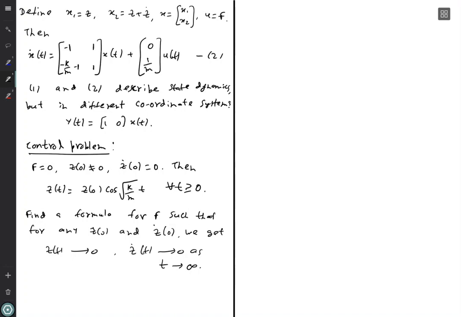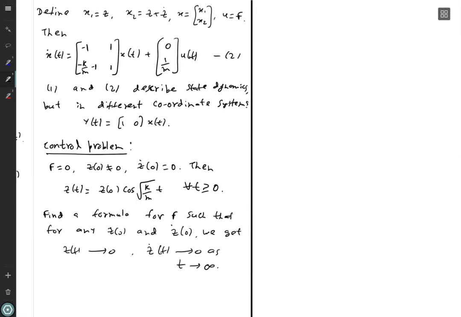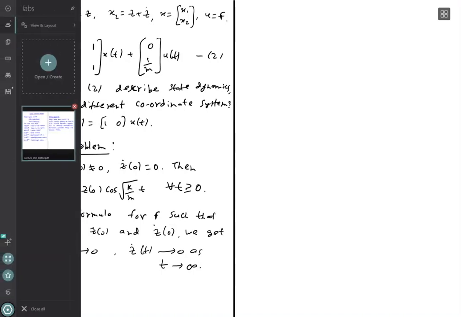So I need to find a formula for f. If you put that formula for f in this linear differential equation, then for any initial position and any initial velocity, z of t and z dot of t should converge to 0. We will find such a formula using the state space model in this course. In the next video, I will present another example for deriving the state space model.